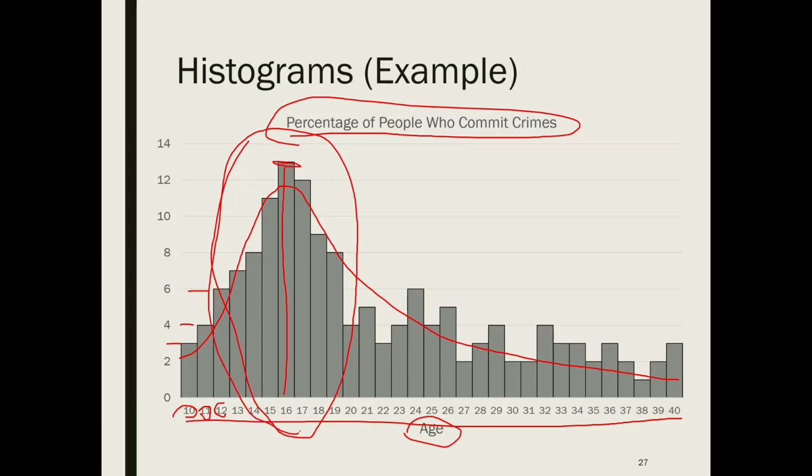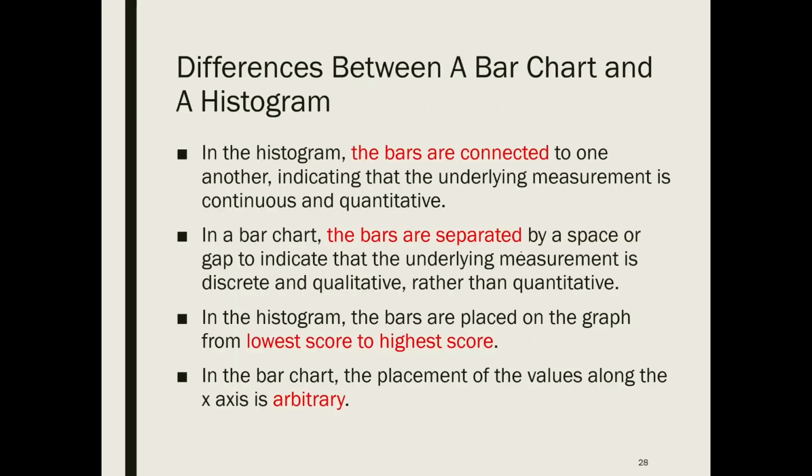Okay, so when people getting old, they are not really into committing crimes or whatever. Okay, so people from like 13 to 19 or 14 to 18 years old are the one who usually commit lots of crimes, right?